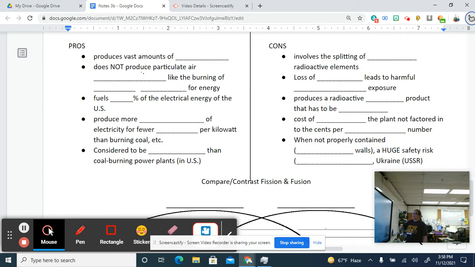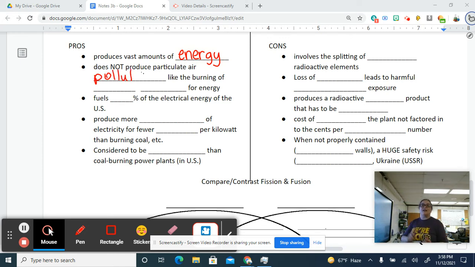All right, so there are pros and cons to nuclear power, and you need to know them both. So here we go. Pros. It produces vast amounts of energy, like an amazing amount. It does not produce particulate air pollution.